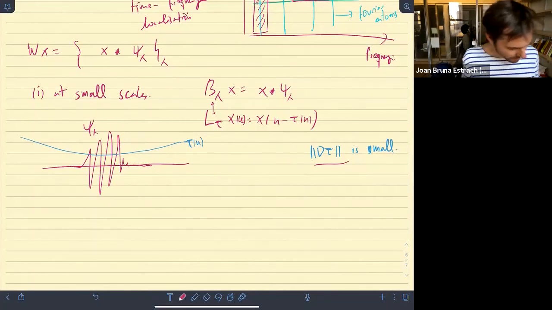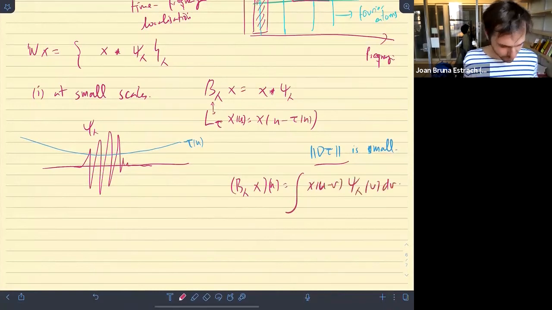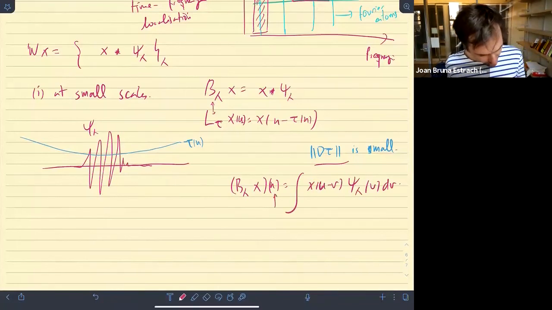So obviously, the wavelet output, right? So if I look at the output of this model, this is the integral of x at u minus v times psi lambda of v dv, right? So the output of this operator at pixel u, it only cares about what happens in the support of the wavelet, right?